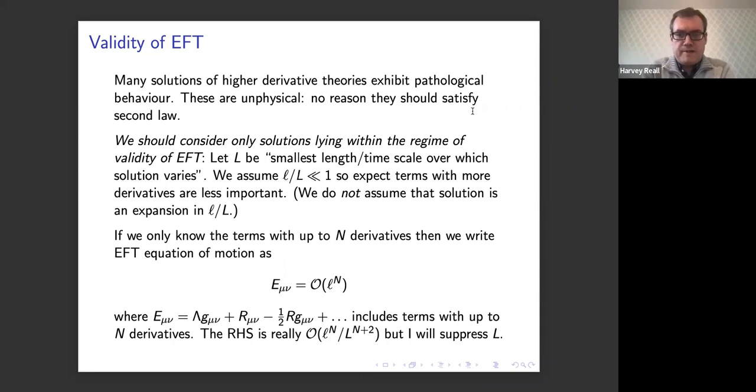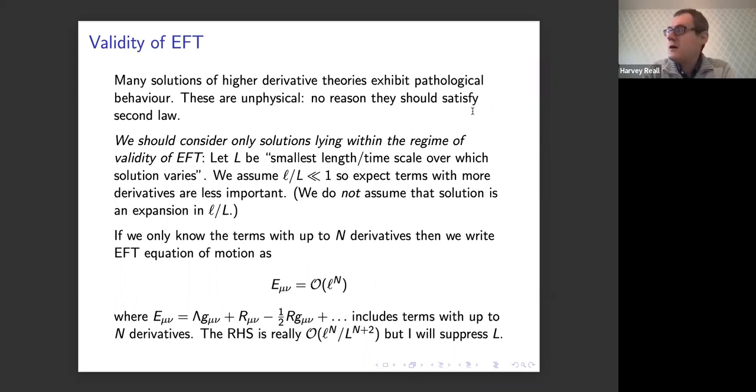And it's well known that solutions of high derivative theories can typically exhibit pathological behavior, so that there are solutions with runaways or rapid oscillations at the UV scale and so on. And these are all unphysical. An effective field theorist would say these lie outside the regime of validity of effective field theory.